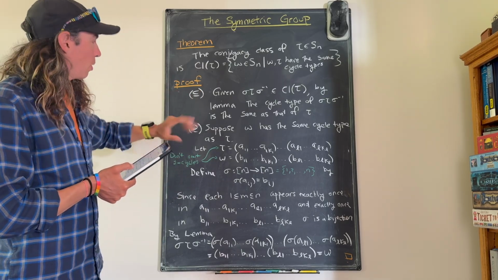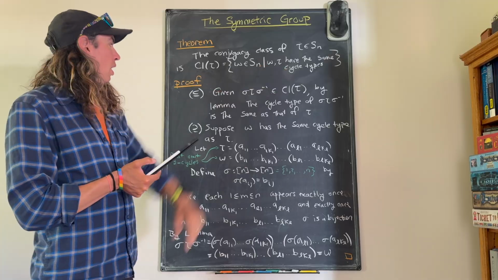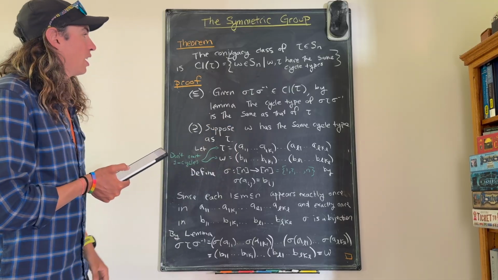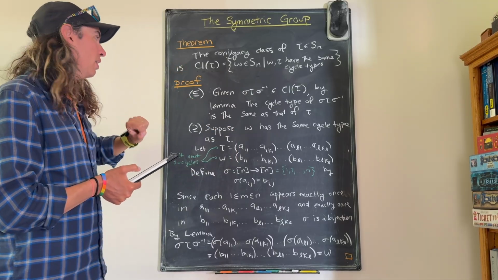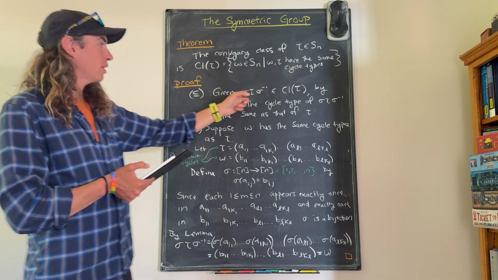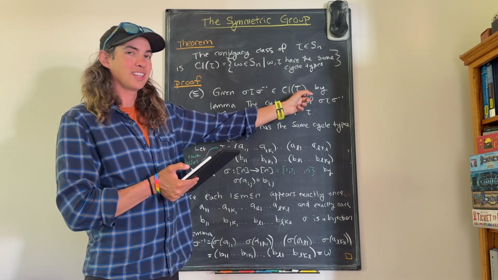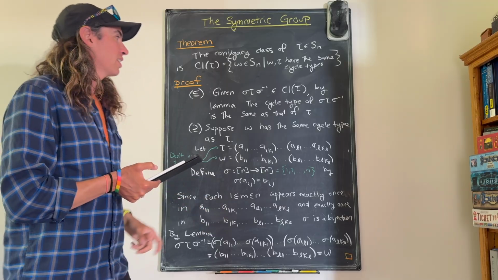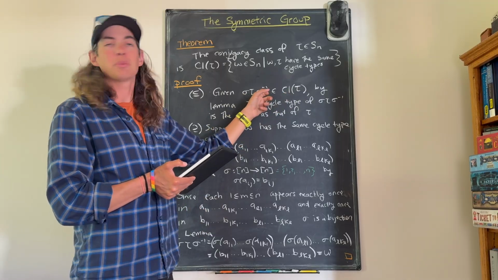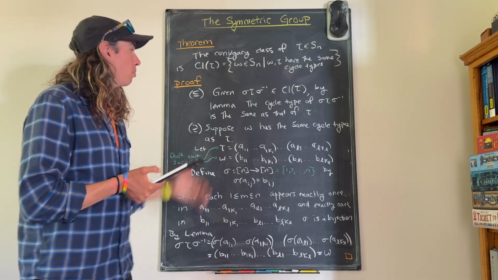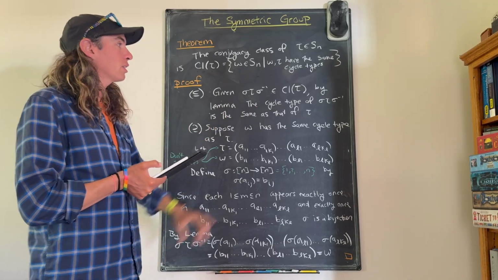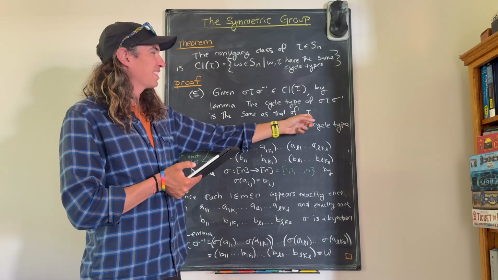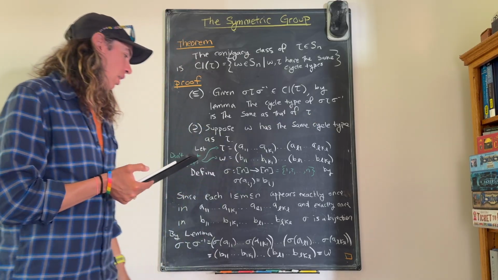So here's the proof. If I want to show that two sets are equal, one way to do this is to show containment in one direction and then containment in the other direction. The first direction is the easier one because we already did all the work. So let's take something in the conjugacy class of tau. Such a thing looks like sigma tau sigma inverse for some sigma in Sn, but by our lemma, the cycle type of sigma tau sigma inverse is exactly the same as the cycle type of tau.